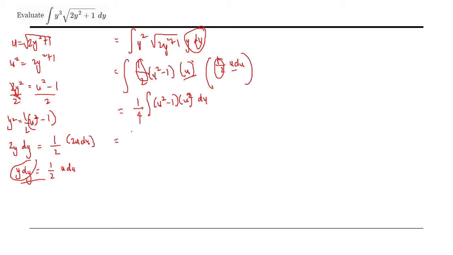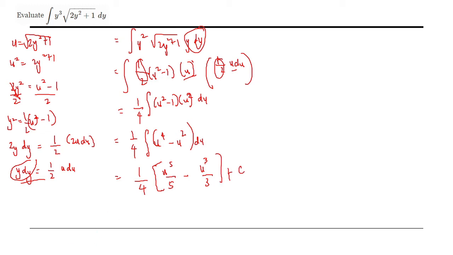To simplify, we have 1/4 times u to the power of 4 minus u squared du. So that's 1/4 times u to the power of 5 over 5. Okay, so we can just factor out 1/4. Then minus u cubed over 3 plus c.